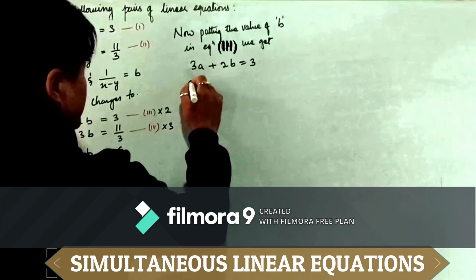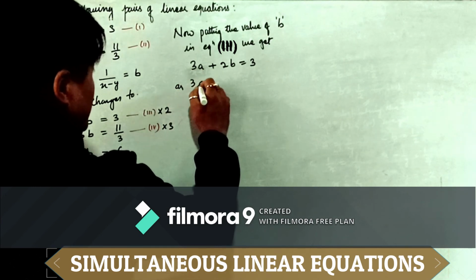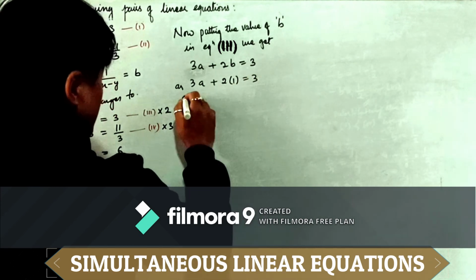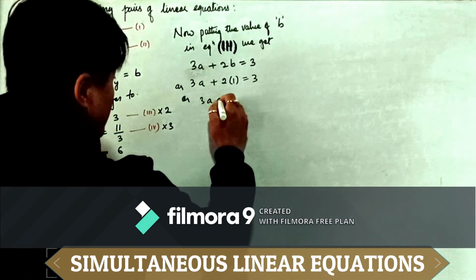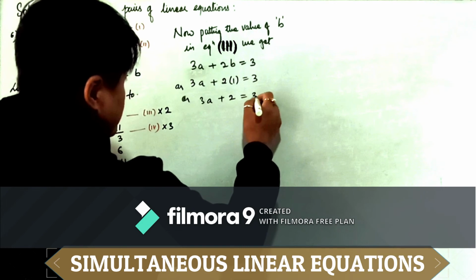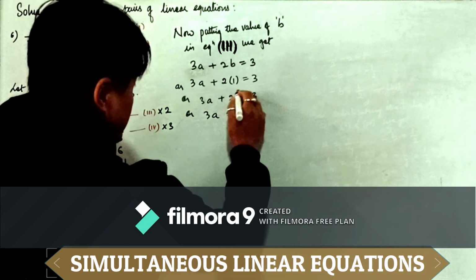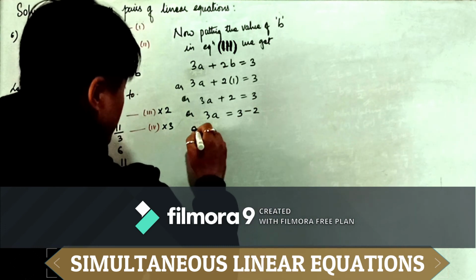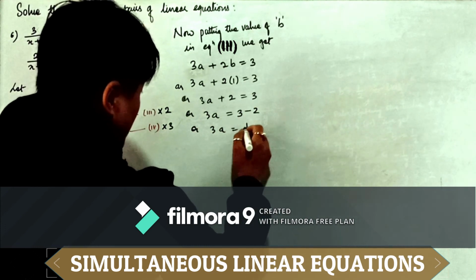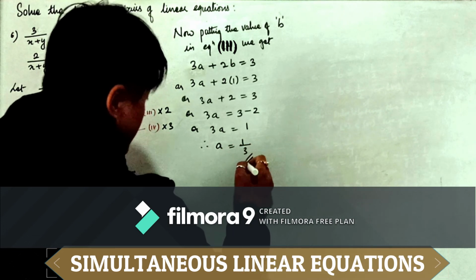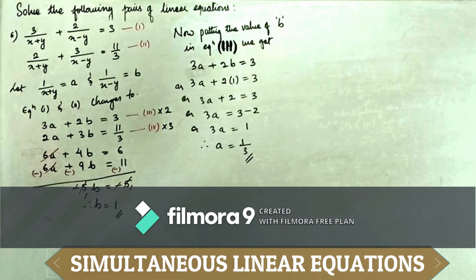So here 3a plus 2b, with b as 1, equals 3, or 3a plus 2 equals 3, or 3a equals 3 minus 2, or 3a is equal to 1, therefore a is equal to 1 upon 3. So we got the values of a and b.